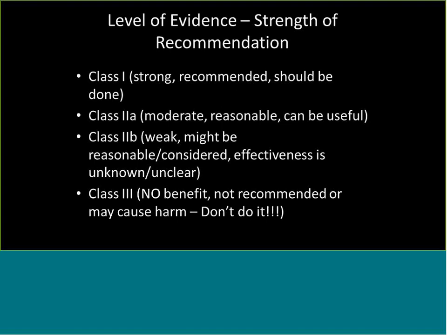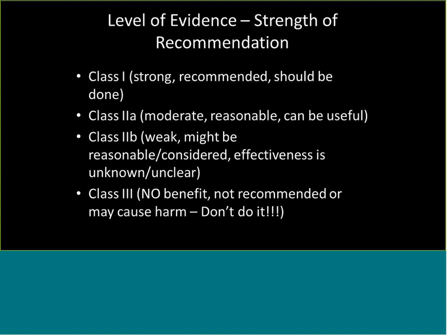When we're looking at recommendations, we need to know the strength of the recommendations. Class 1 indications are strong, recommended. This is what we should do for every patient with these conditions. Class 2A, the evidence is good, moderate; it's reasonable, it can be useful. 2B is weaker; it may be reasonable or considered.